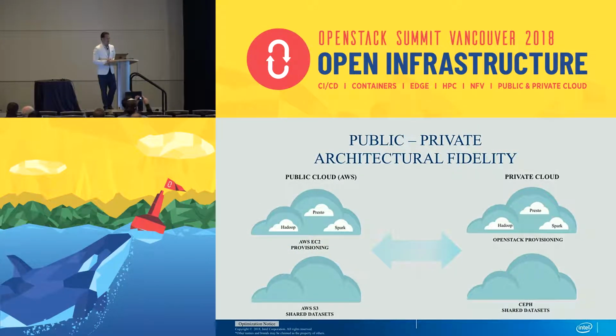The other great benefit of this architecture is public-private architectural fidelity. If you look at the best practices of Amazon, but also Netflix and Airbnb, the architecture they've adopted for their big data applications is to persist all their data into, in their case because they're in the public cloud, AWS S3, and then manage different workload clusters in EC2.